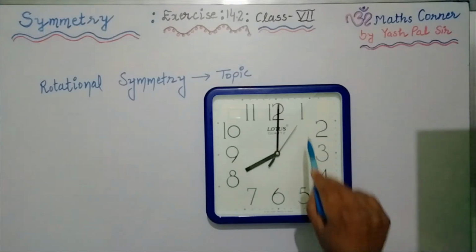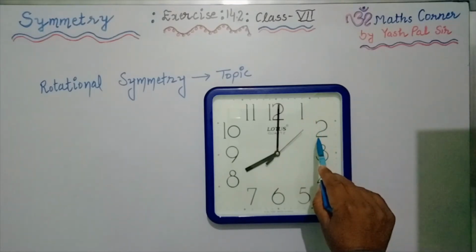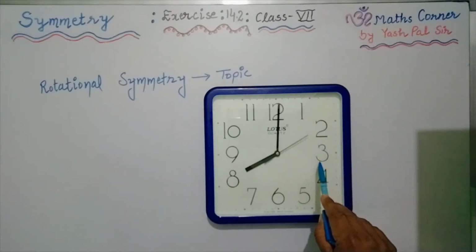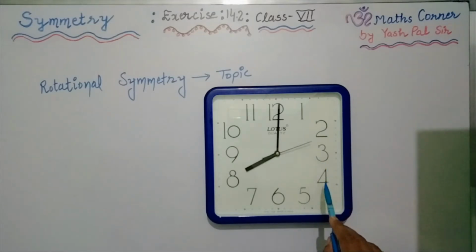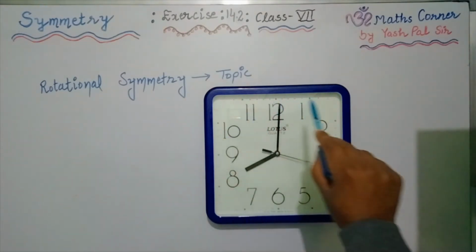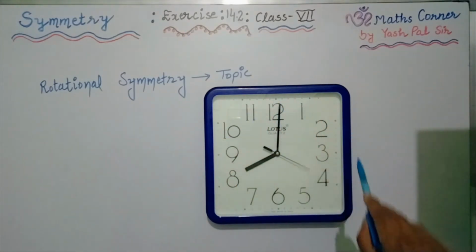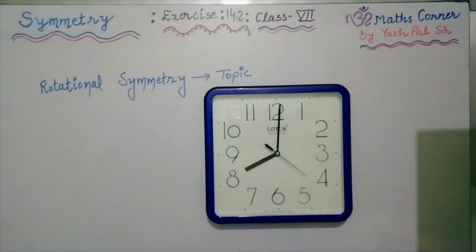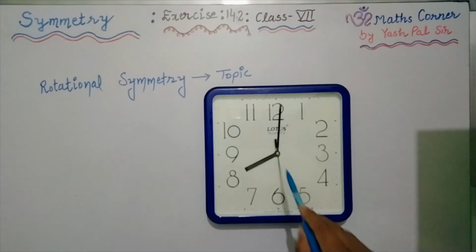After 1 it comes to 2, after that towards 3, then 4, 5, 6, 7, 8, 9. Every time it rotates this way. The hands of a clock rotate in only one direction about a fixed point.